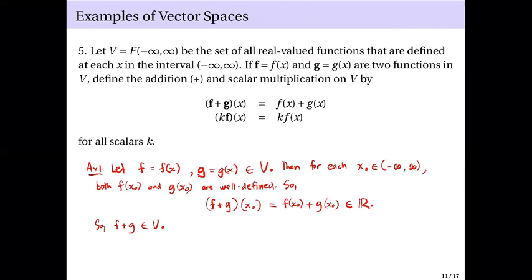So k, which is just a real number, times your object f, is just k times f of x sub 0, and that's again a real number. And therefore, kf belongs to V. Questions?